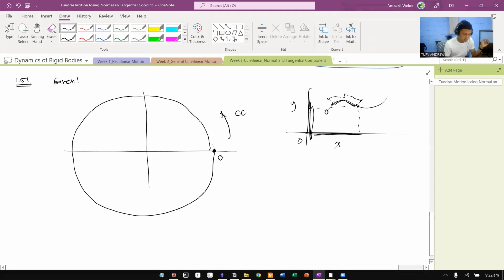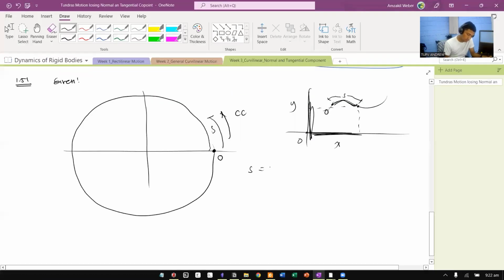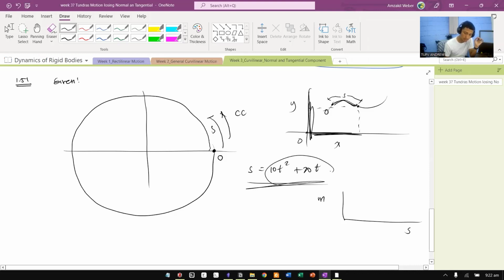Technically, this s, which is given as 10 t squared plus 20 t, is the distance projected on the curve. If you have another frame of reference, s with an origin, it is based on that. The case here is just that the axis is curved instead of horizontal.